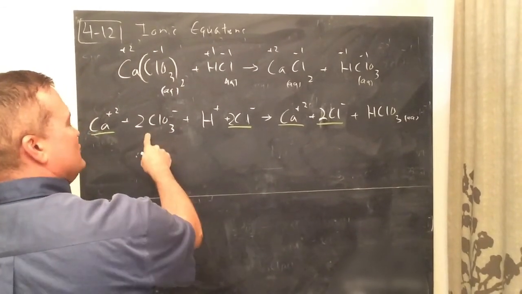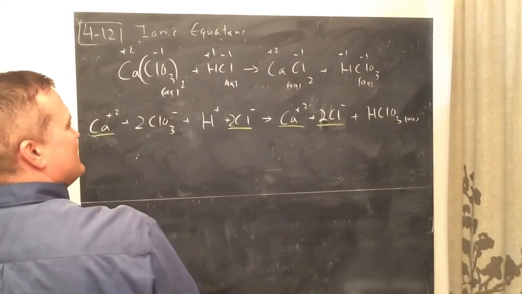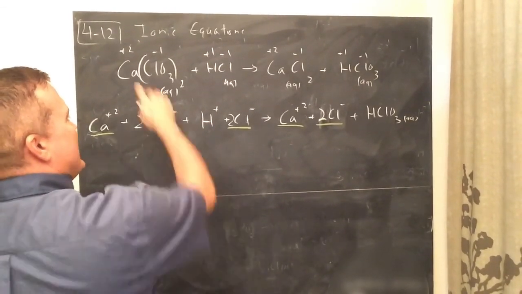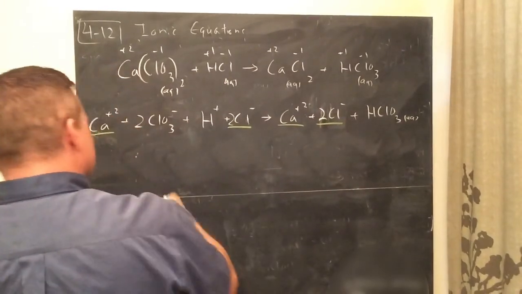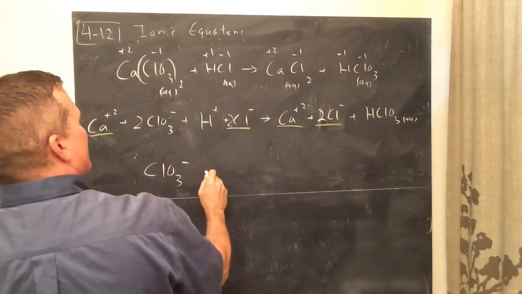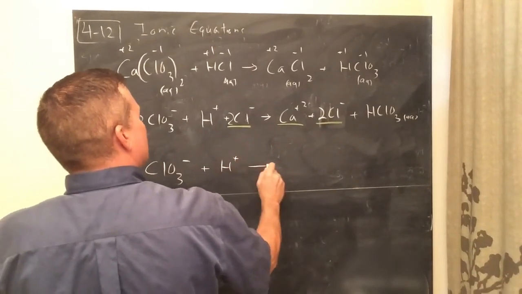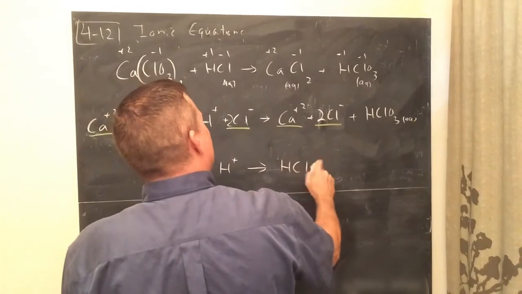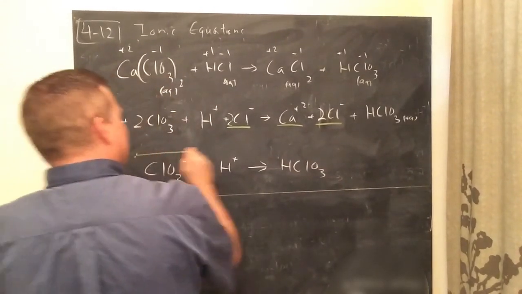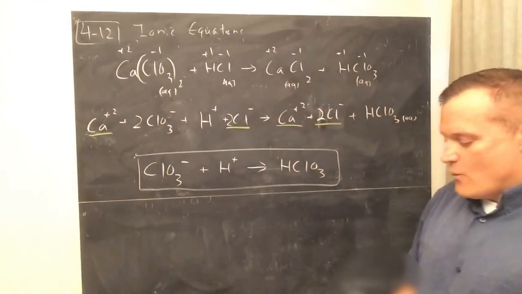So you're just going to have the 2 chlorates and then the H+. I guess I'm not all the way balanced, right? I'd have to balance this equation. But chlorate plus H+ will give you HClO3. That is your net ionic equation. You produced a weak acid.